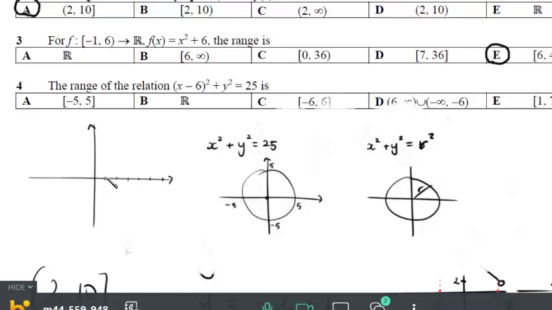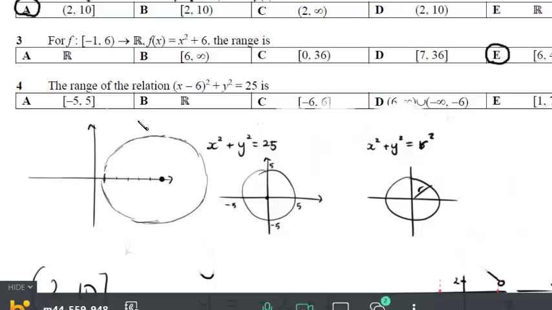That's going to be the edge of the circle, and the circle is going to go like this, and this is the center. That's the shape of this relation. This is not a function. Obviously the domain is from here to here, and the range is from here to here.